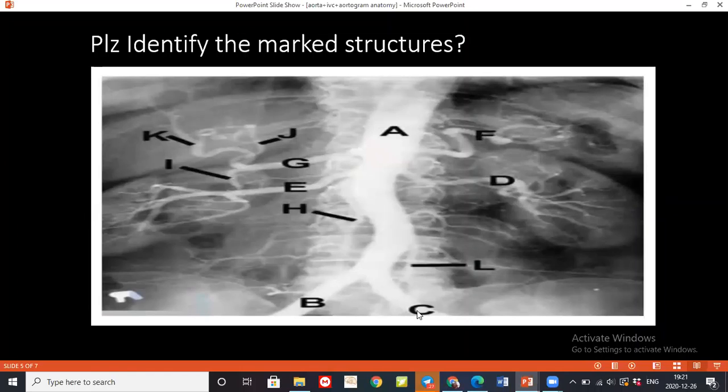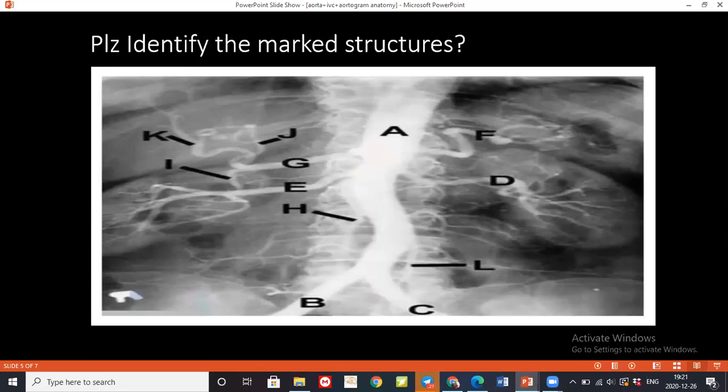C, please. D, please. D is the left renal artery. E is the right renal artery. Yes. F.